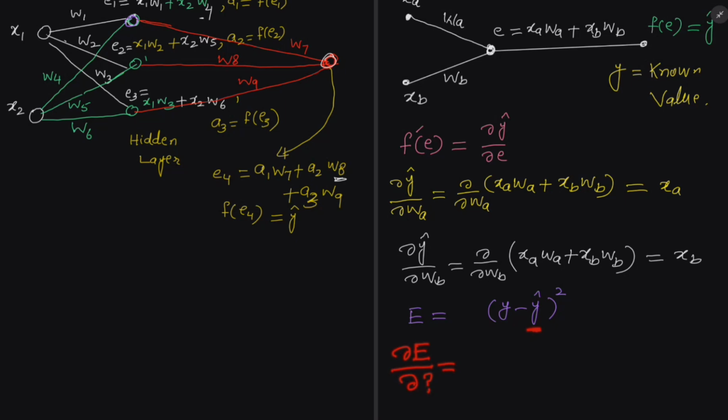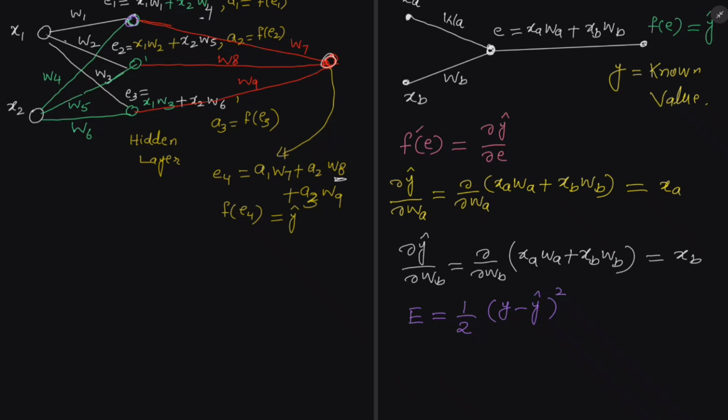When we differentiate that, you will get 2 times y minus y hat. Now we don't want this 2 in our answer. It is just a scaling. So to remove this 2, we introduce 1 by 2 over here as well. This is just an error.